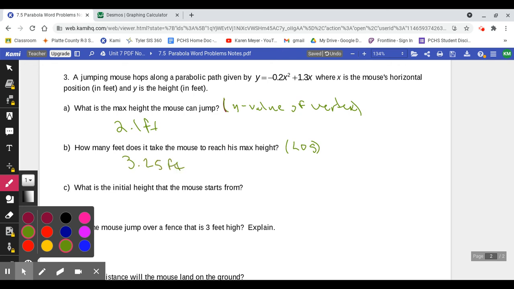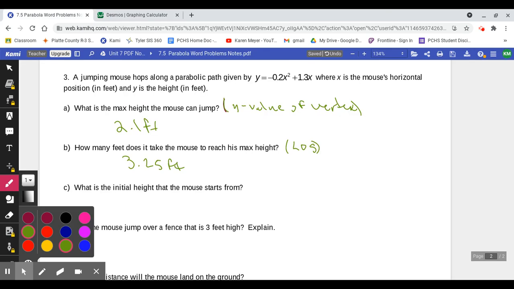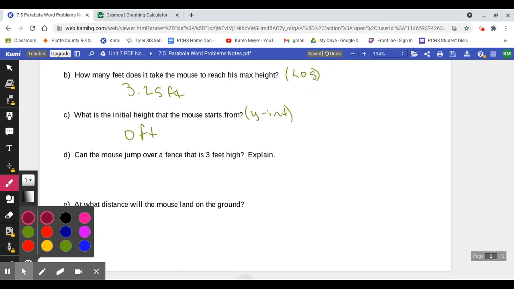Initial height. Initial height is the y-intercept. This one you can go to the t-table, or it's easy to tell on the graph, and we're starting at 0. Can the mouse jump over a fence that is 3 feet high?